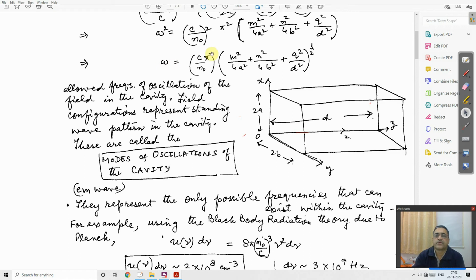These are the allowed frequencies. You see, it depends on the index of refraction of the active material and the dimensions of the cavity, a, b, and d, meaning all the three dimensions. So the field configurations represent standing wave patterns in the cavity, and these are called the modes of oscillation of the cavity.